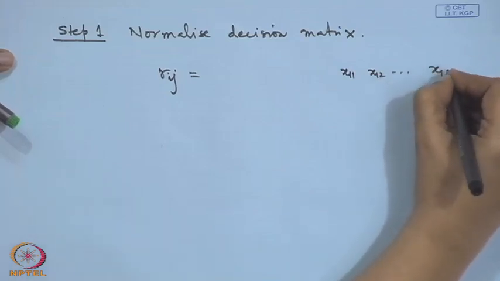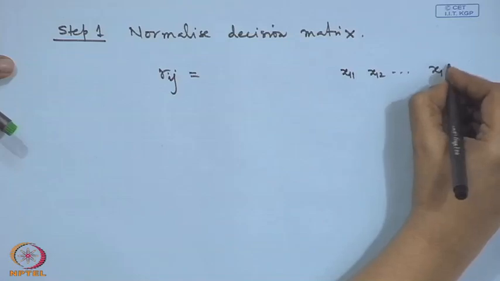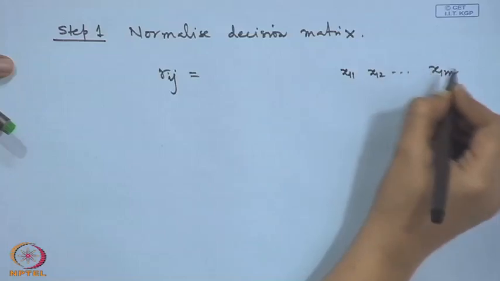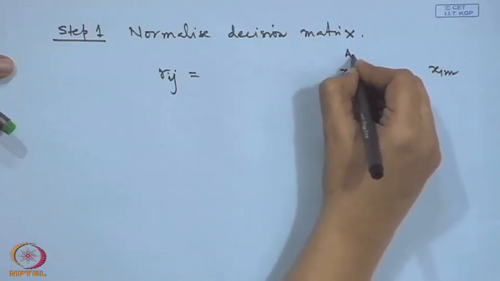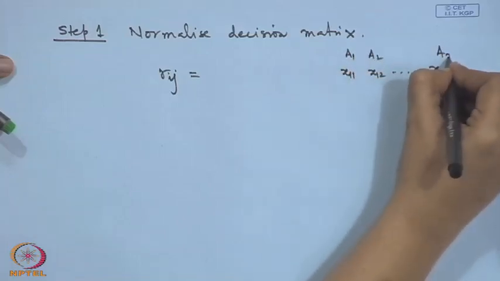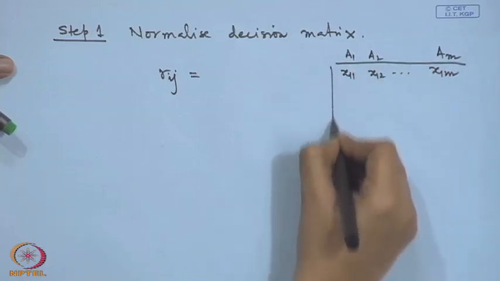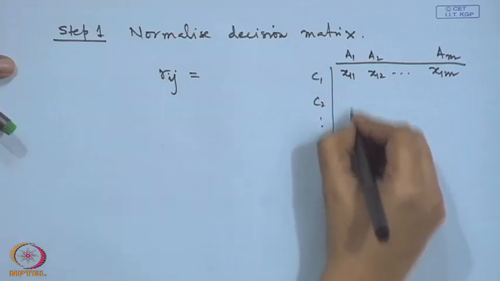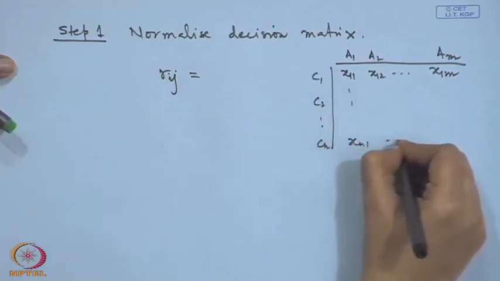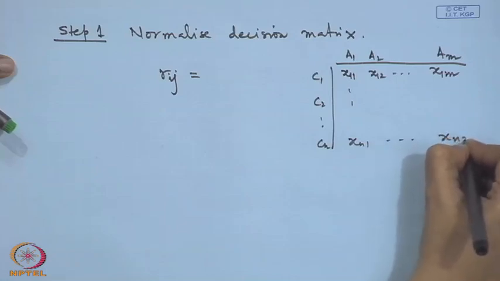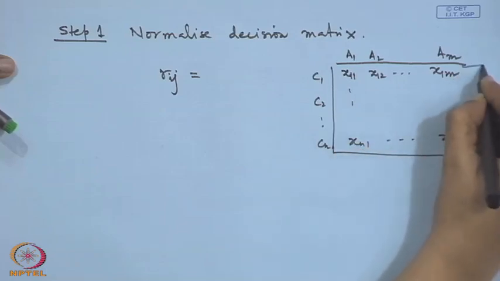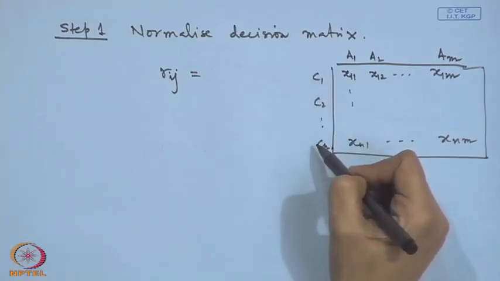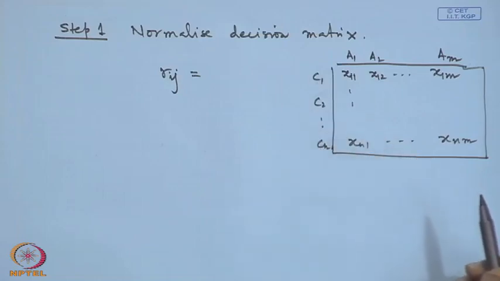We have m alternatives, alternative 1, alternative 2, up to alternative m, and we have the criteria C1, C2, say up to Cn. Then we can have the matrix in this way: xn1, up to xnm. Here a few attributes could be cost attributes, and a few could be benefit attributes.